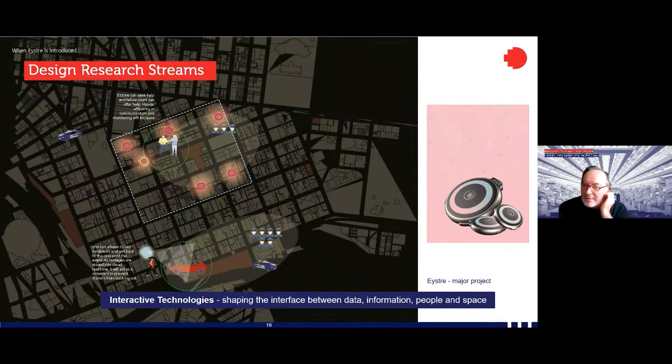All right, and I'll be very quick, this is another one, and I haven't got time to talk about it. It's another major project, with a similar idea. This is about how you redesign the way that the police can respond to safety within the city, in this case women's safety in the city after dark, and how that can be decentralized from having to call 911 or 000 and waiting for patrol to come.